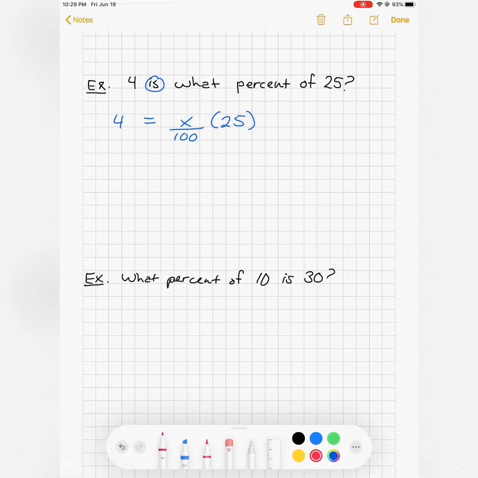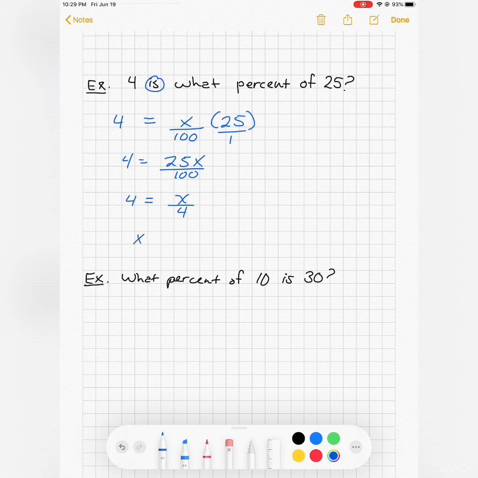So what to do first? I don't know. Should I go ahead and say, look, I'm multiplying straight across. I have 25x over 100. Because 25 divides into 100 leaves me a 4.